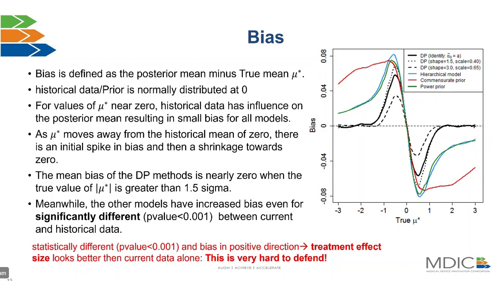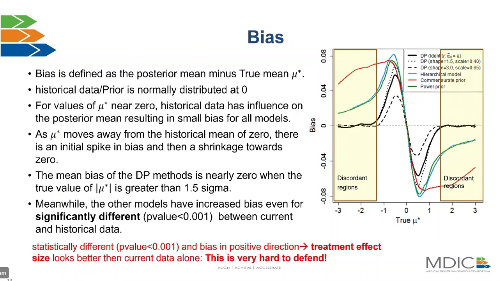But what's important to note is that for some of these methods, this is in terms of sigmas, so standard deviation. As the true data gets really far away from the prior, in cases where it's statistically significant, we call these the discordant regions.